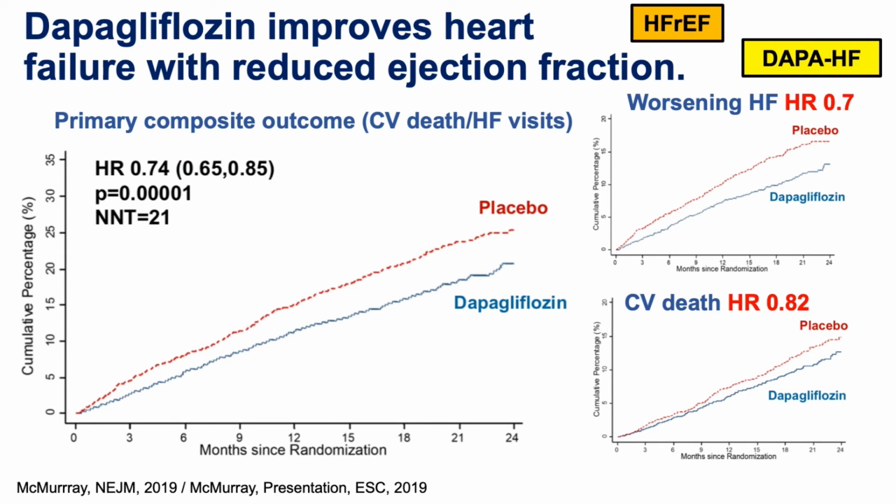As you do know, SGLT2 inhibition by dapagliflozin, and this has been shown in the DAPA-HF trial, is very effective to improve heart failure associated outcomes in patients with heart failure with a reduced ejection fraction. But the same seems to be true in patients with heart failure and preserved ejection fraction.